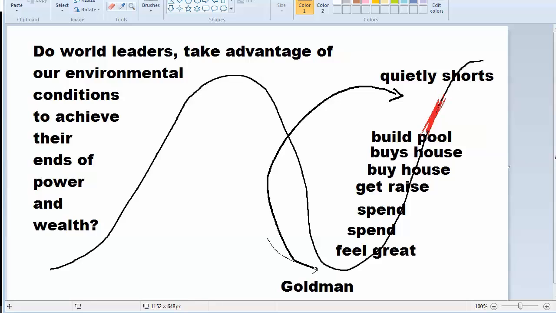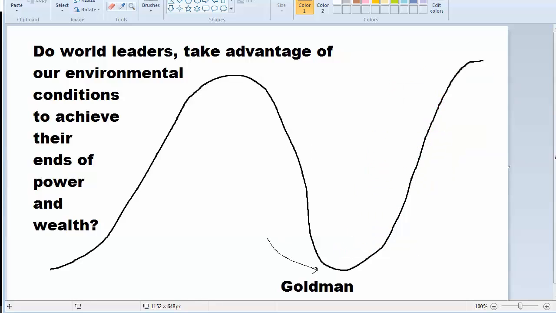Okay, so let's talk about what happens on the other side of the curve. Dave, when people have no more money and you still need to make money and they're not going to give it to you, how do you get it from them?